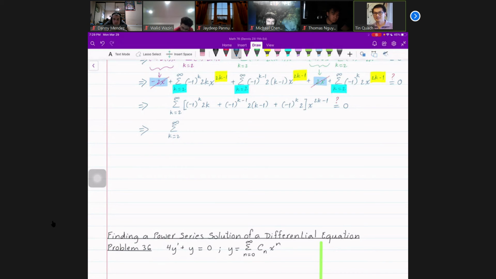Okay, so here you have negative 1 to the k times 2k. And right here, we can distribute this to that and this to this, right? So what we have is negative 1 to the k minus 1 times 2k.